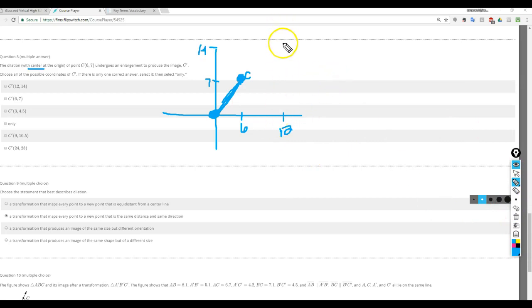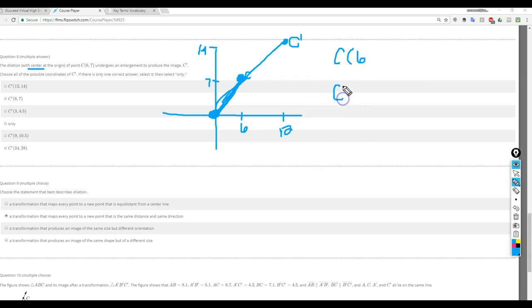And that would map C' right here. So this distance would have been doubled. If we look at our ratios from our x and our y, C's x coordinate is 6.